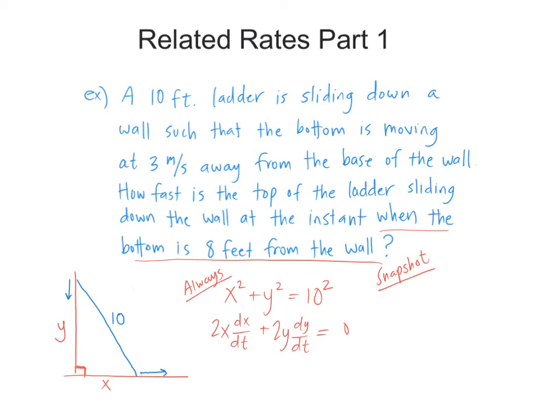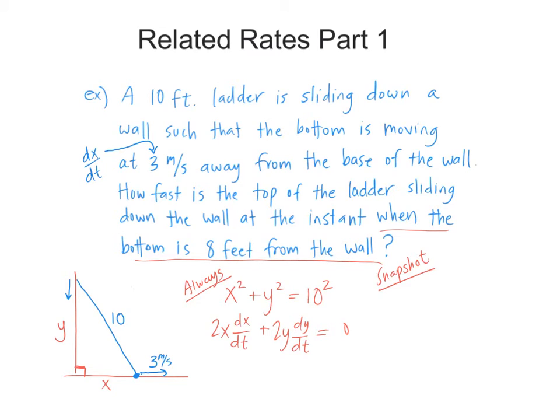Okay, so there are 4 quantities, and I need to figure out 3 of them and solve for the 4th one. So one thing I know is that the bottom is moving 3 meters per second away from the base of the wall. So if you think about this arrow down here, 3 meters per second is the speed at which this spot is moving, which means x is increasing at a rate of 3. And we talked about how the speed at which something changes is d that thing over dt.